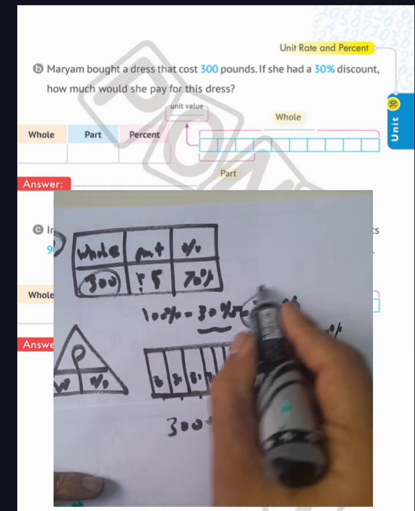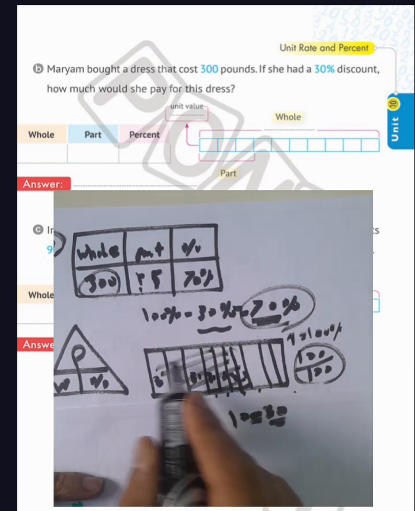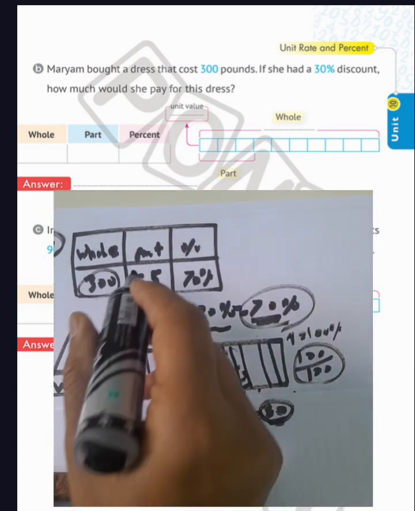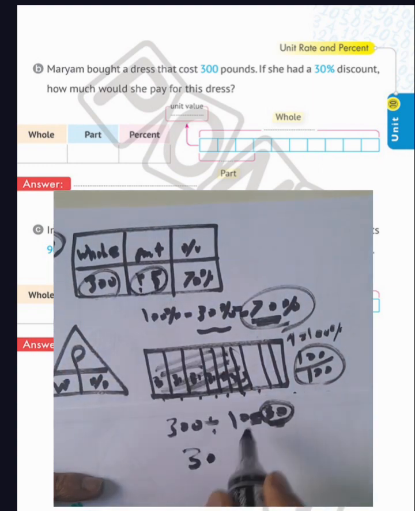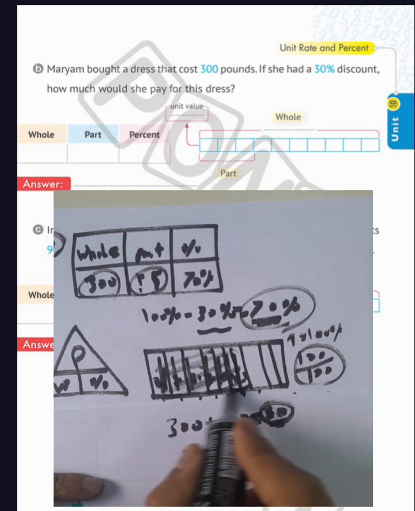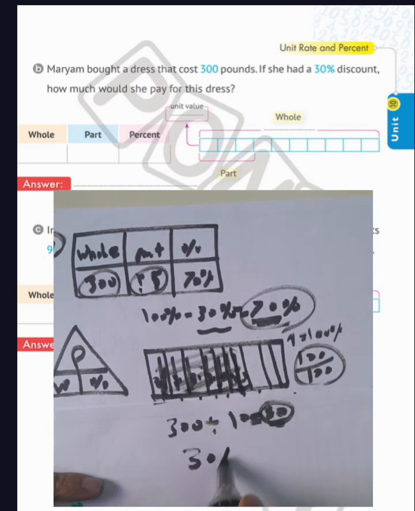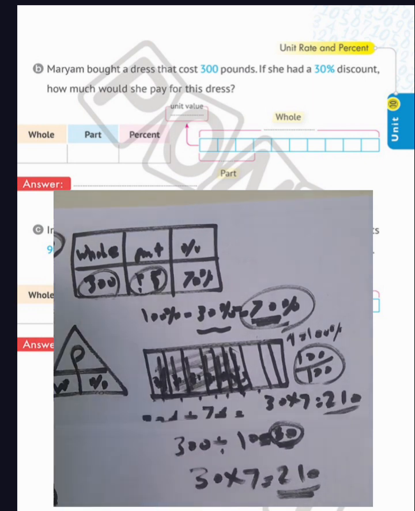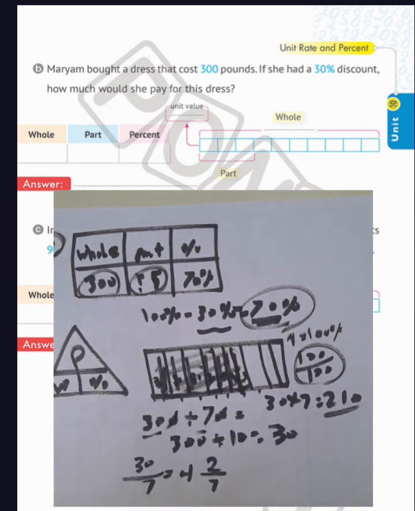Then we want 7 parts here, and the value of each one is 30. Then you can write the part: the value of each one, 30, times the number of parts, 7, equals 210. Okay, that's the result. Next question.